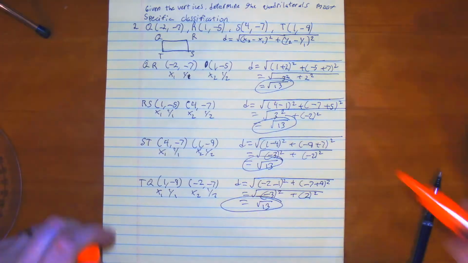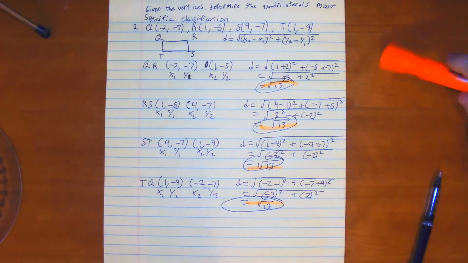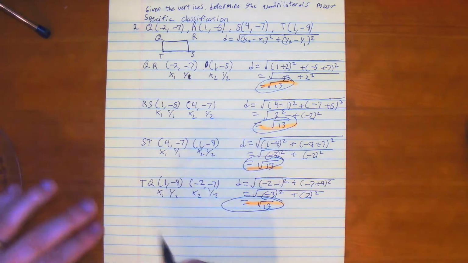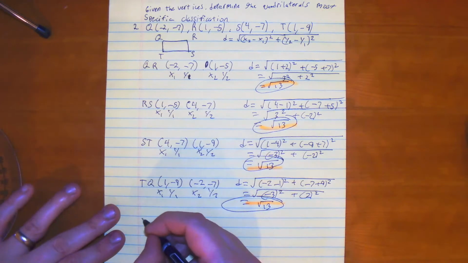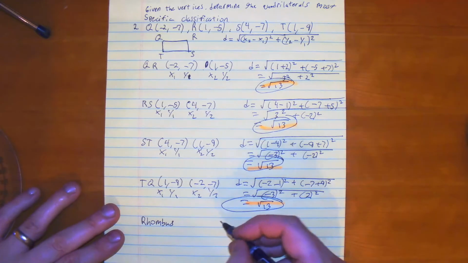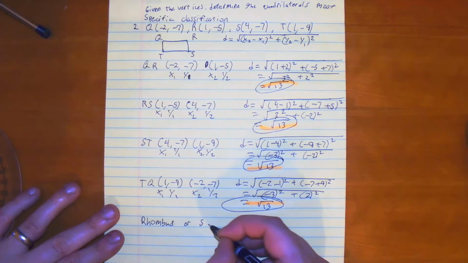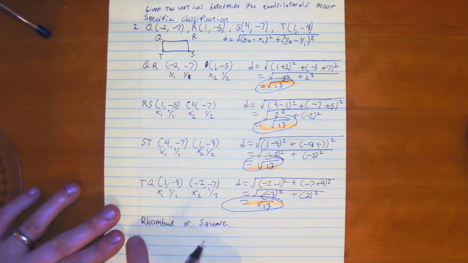As you can notice, 4 sides are equal, so we could only have a rhombus or a square. Those are the only two types of parallelograms we could have here.